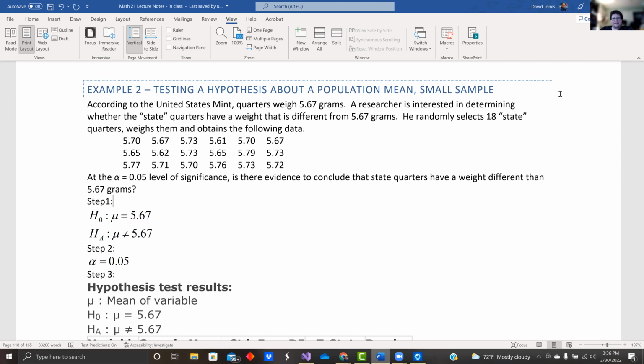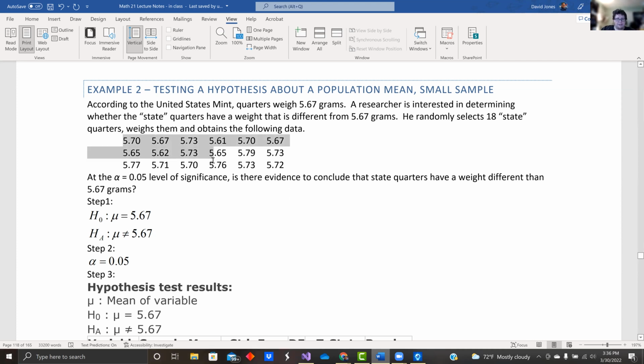He randomly selects 18 state quarters, weighs them, and obtains the following data. So I've got 18 numbers.